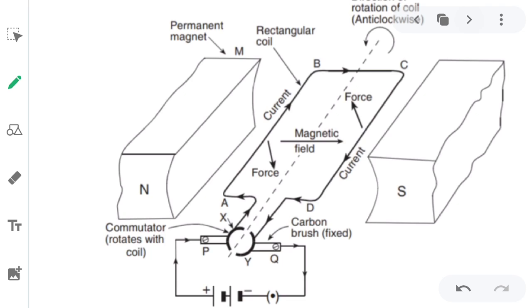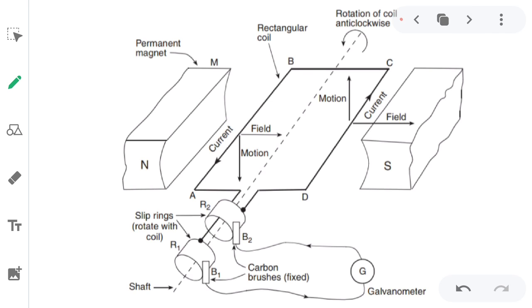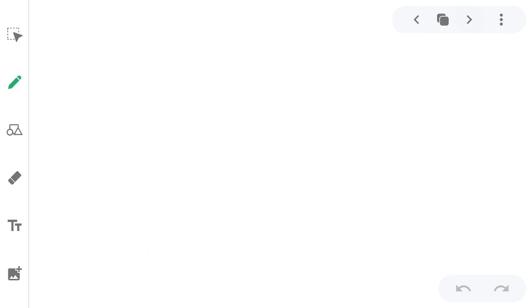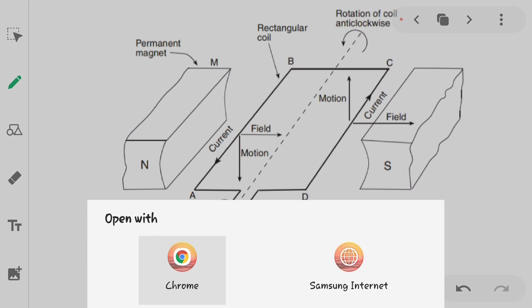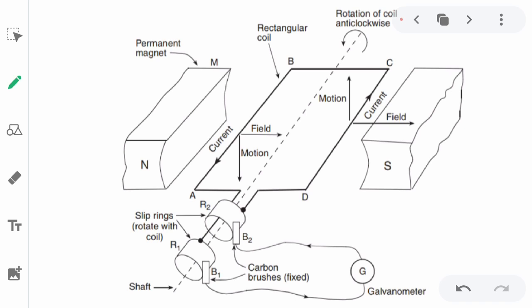You can see both of them have almost the same construction, but the principle and working of both of them are completely different. So when you study about a motor or a generator, then try to understand both of them at once.